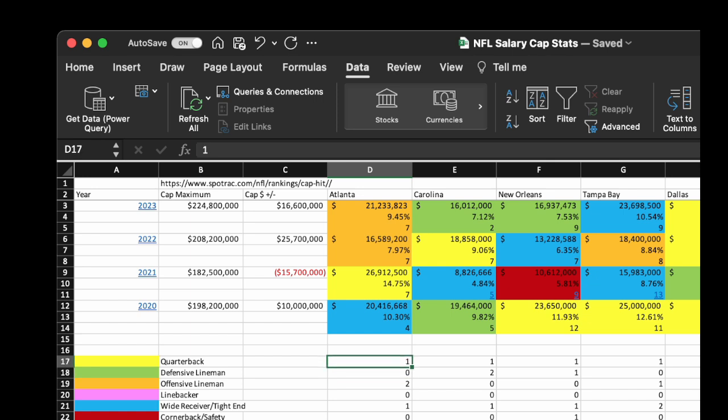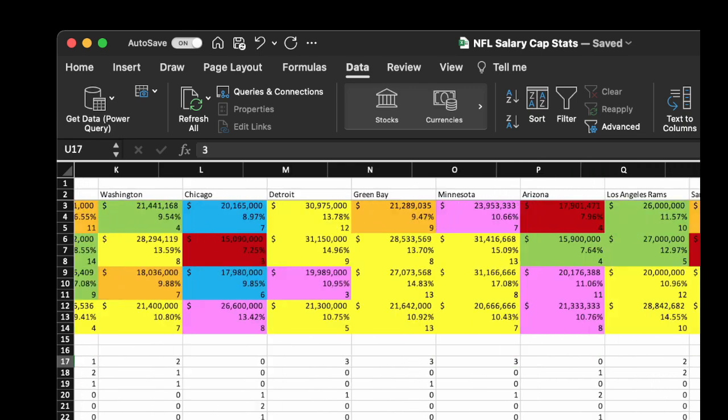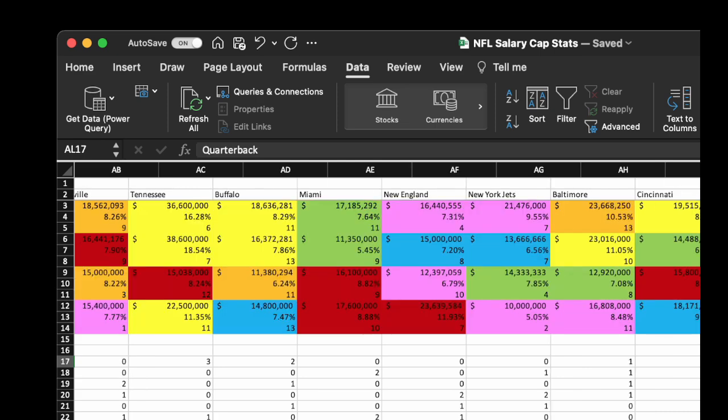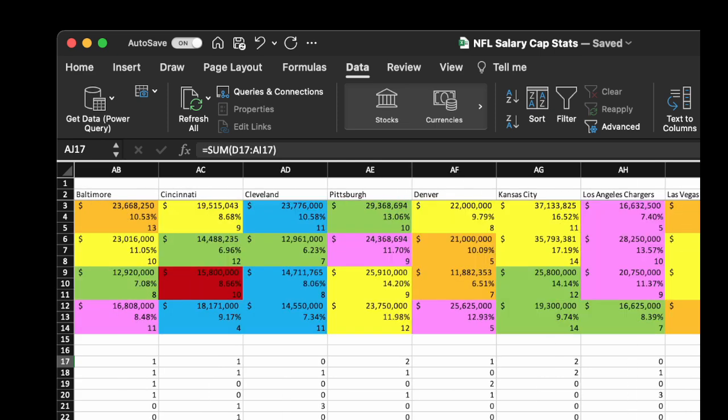If we tabulate it for all the positions here, and again, this is over 4 years, so 2020, 2021, 2022, 2023.